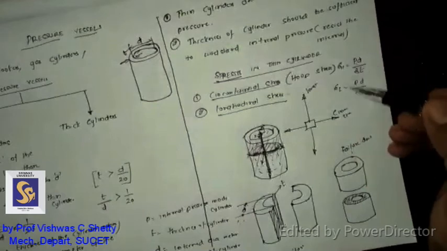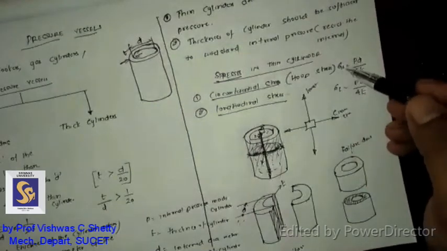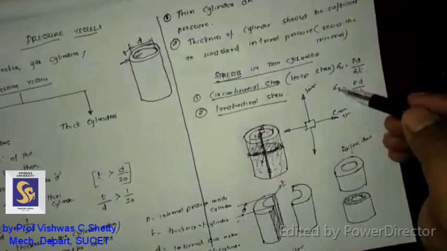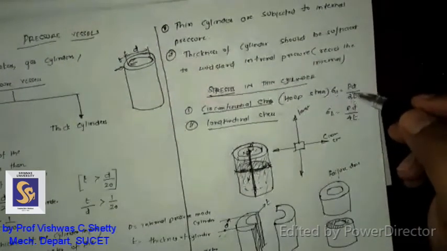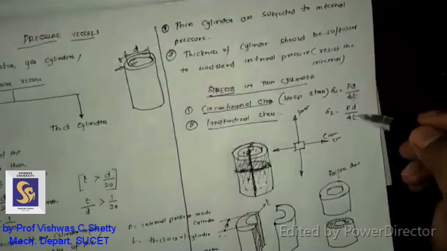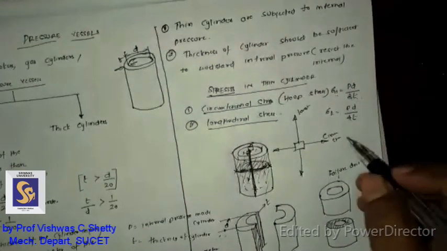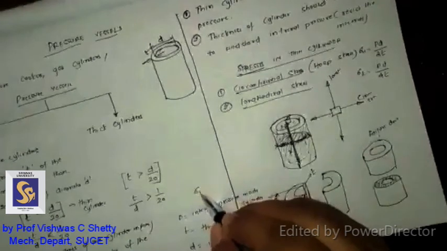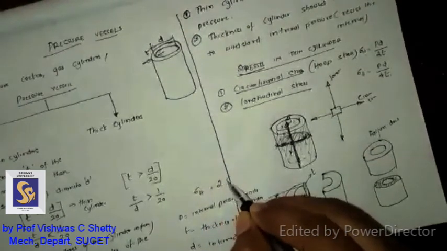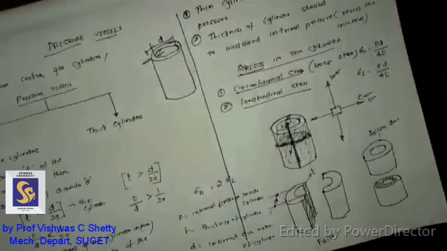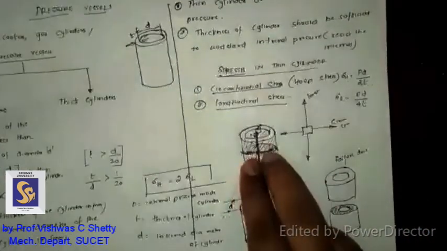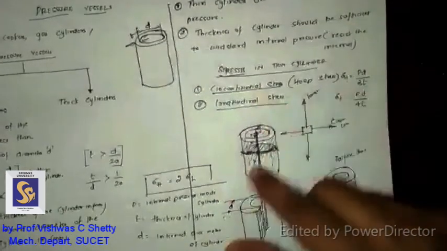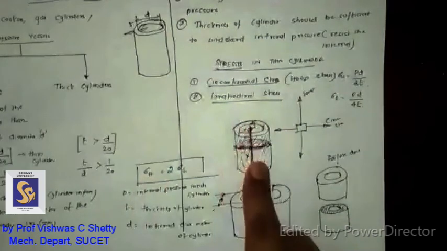So what you can note here, see, this sigma h and sigma L, circumferential stress and longitudinal stress, both look similar in formula. So what is the difference here? This is 2, this is 4. That means hoop stress is twice the longitudinal stress, correct? So hoop stress is more compared to longitudinal stress because it is 2 times the longitudinal stress.